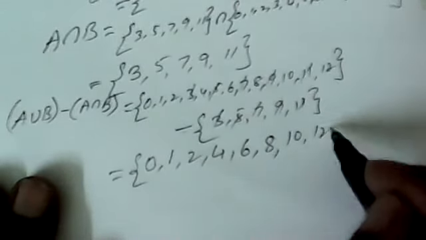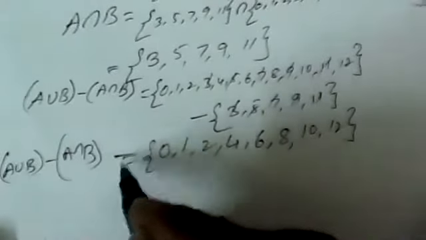And next 12. So therefore what you got is A union B minus A intersection B is equal to this one.